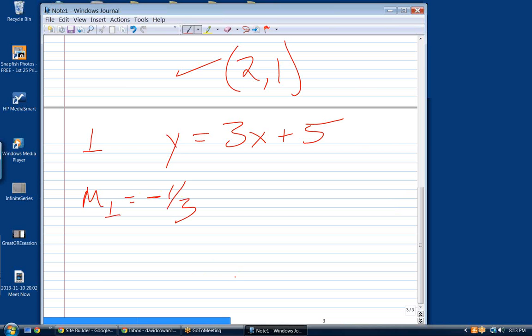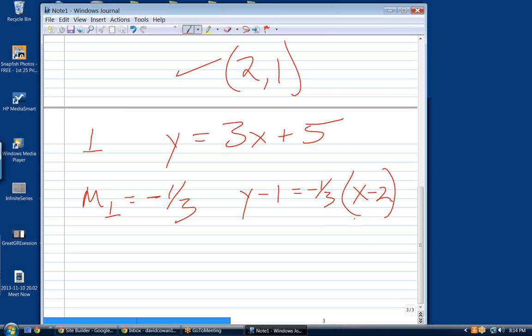Now let's use point slope again to figure out the equation of that line. Because we already have our point, it'd be y minus 1 equals negative 1/3 times x minus 2.